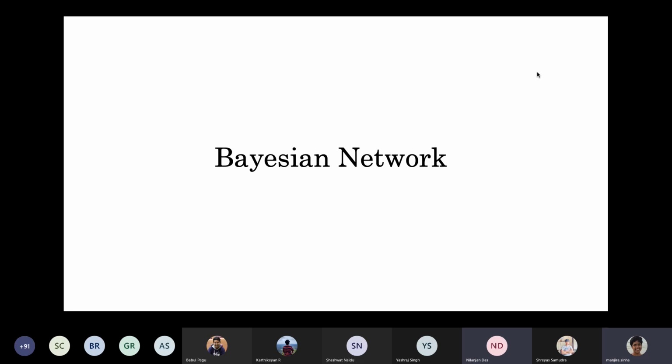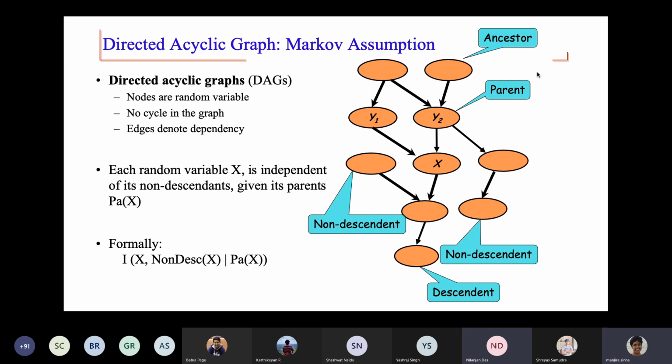Now in Bayesian network, we will see another type of graph, which is called the directed acyclic graph. So what is a directed acyclic graph?